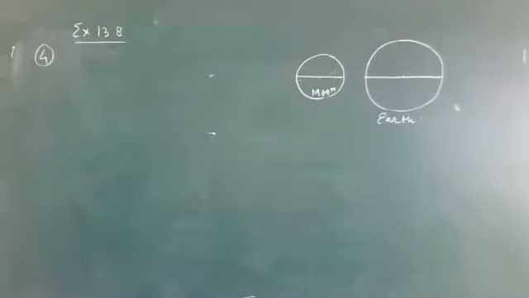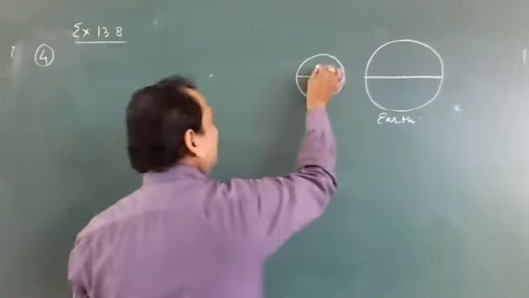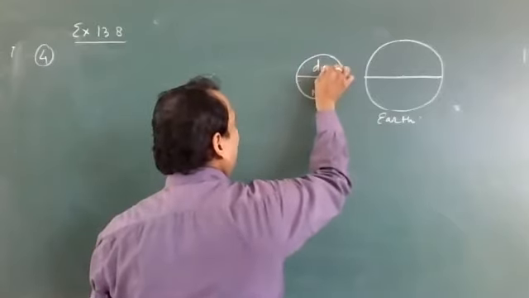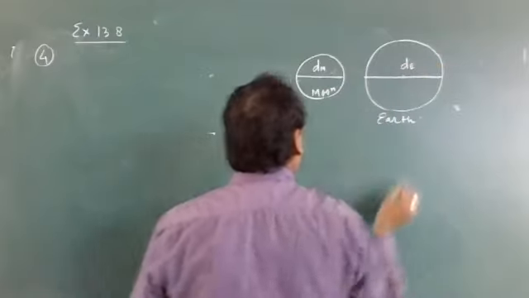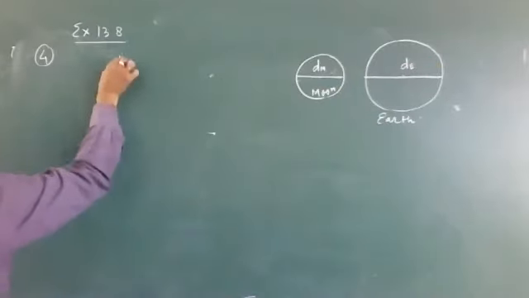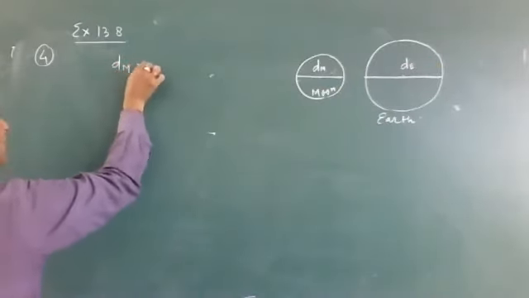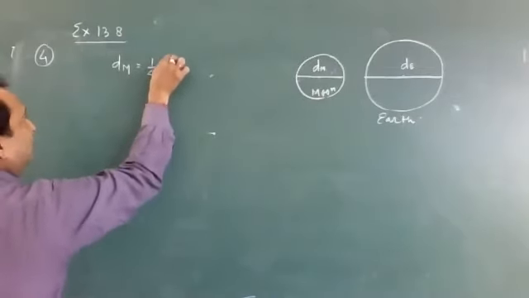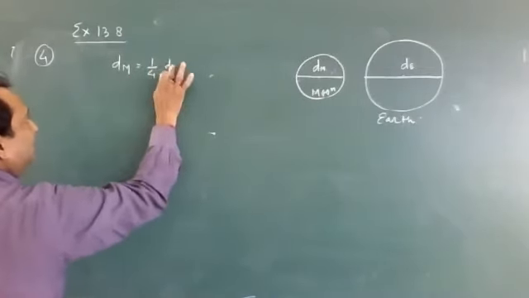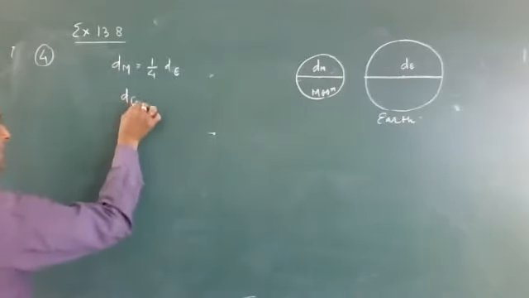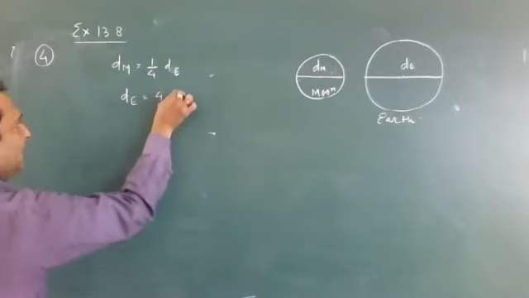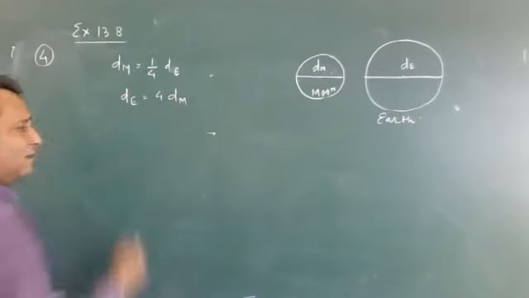So this means the moon is smaller and the earth is bigger. We assume the diameter of the moon is dm and the diameter of the earth is de. According to the question, dm is 1/4 of de, so the diameter of the earth is 4 times the diameter of the moon.